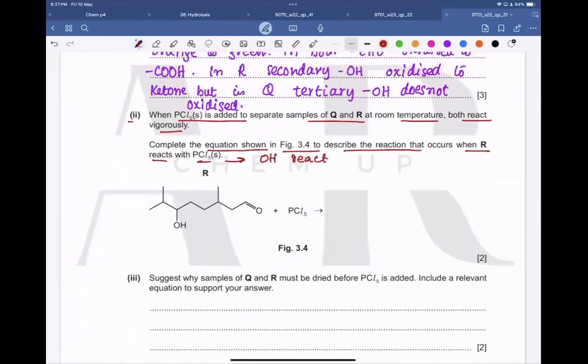So if you recall, it's a nucleophilic substitution because OH has a negative charge, so it is being substituted. The negative charge means it has a lone pair of electrons. So the species containing a lone pair of electrons, when they get substituted, it's a nucleophilic substitution. So the rest of the molecule remains the same.